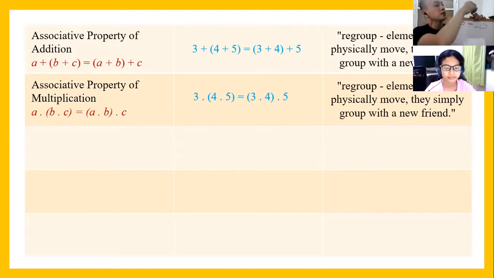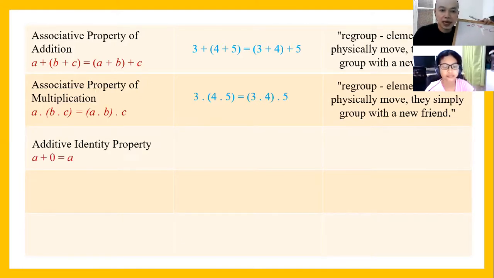So when you regroup, it will not change the total value of everything. The same is true with addition. Now let's have the additive identity property. What does it mean? It means that any number you add 0 to will be the same number because you are adding nothing.